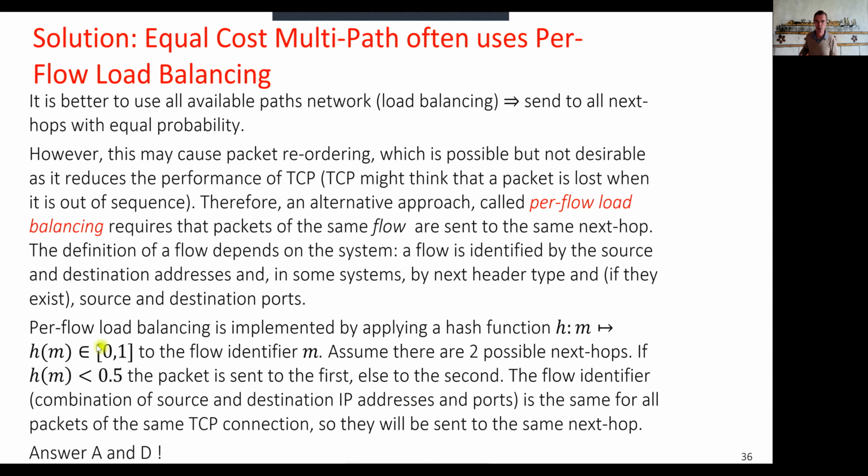So if the hash is a good hash function, the first will occur with a probability 50%. So you will actually choose the next hop with equal probability, but you will guarantee that the same value of the flow identifier always results in the same decision. So yes, we will do a random decision, but in a smart way, such that packets of the same flow will go exactly to the same next hop.